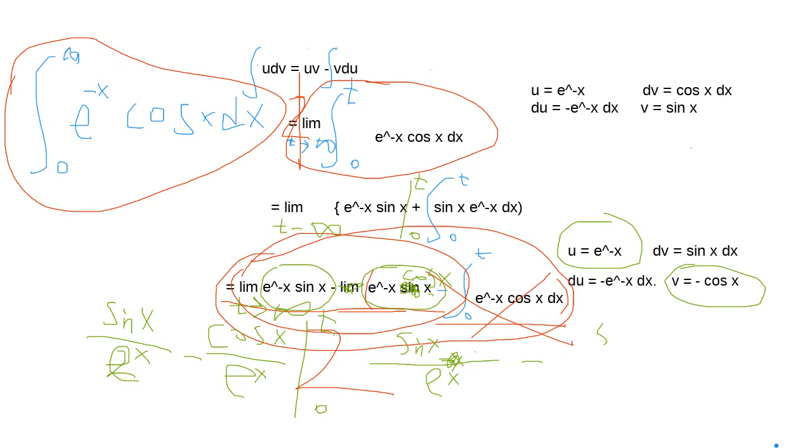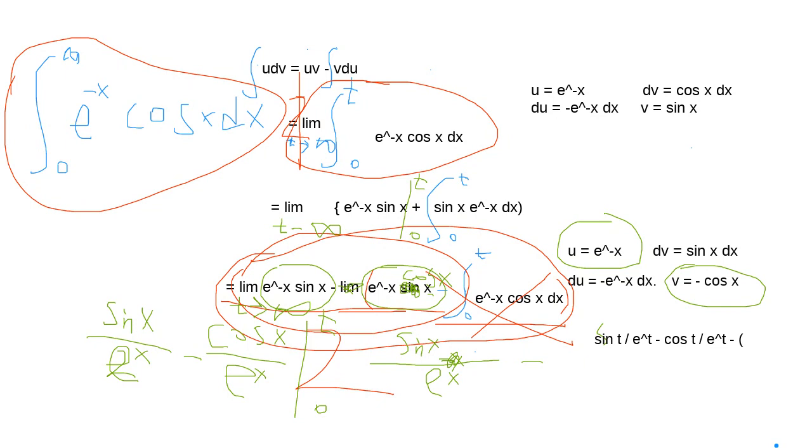Let me tap. Too difficult to write with my finger. So that's sine t over e to the t, minus cosine t divided by e to the t. Then minus, let's give a parenthesis, minus sine 0.